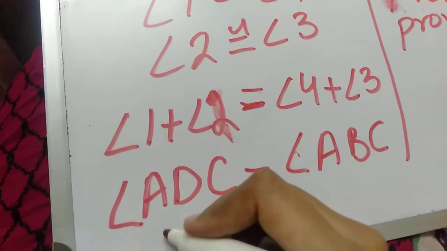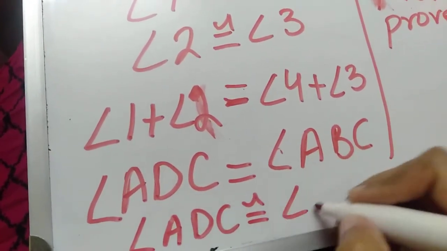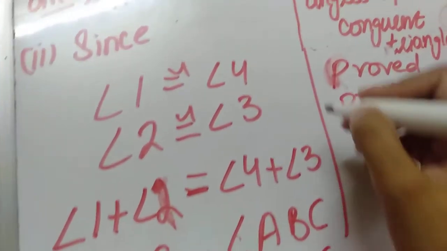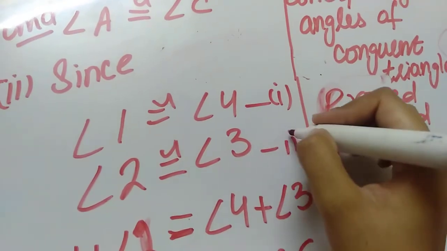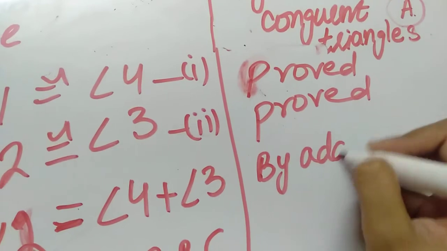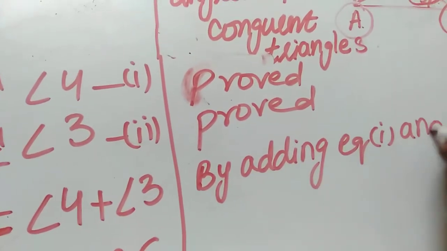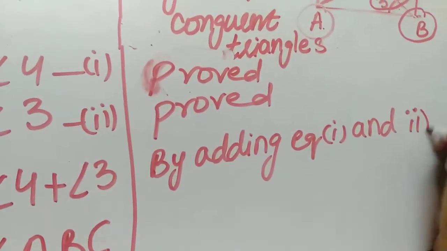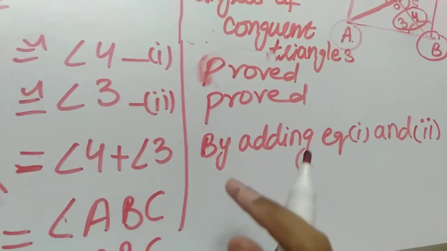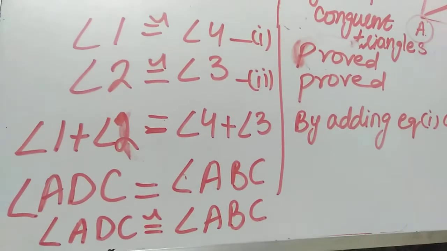So from there it is proved that angle ADC is congruent to angle ABC. We will name these equations 1 and 2, and we will write the reason here by adding equation 1 and 2. So that's how we have taken these terms.